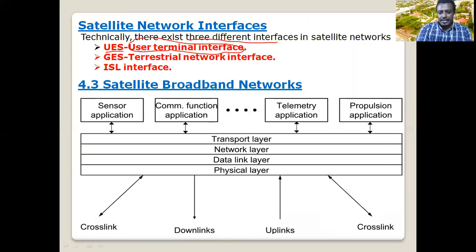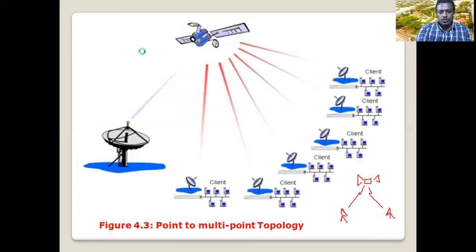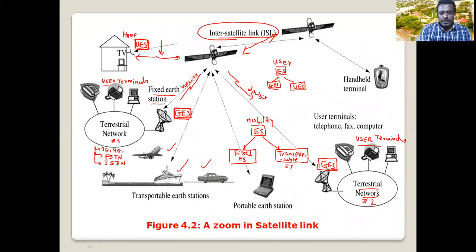But in GES, as we have discussed, some of the stations are GES, gateway Earth stations. In this case, it is not direct user to satellite communication, but through a terrestrial network. As you can see here, it can be 4G, 5G networks, PSTN, public switched telephone network, integrated services digital network.